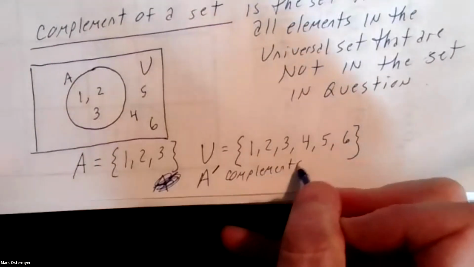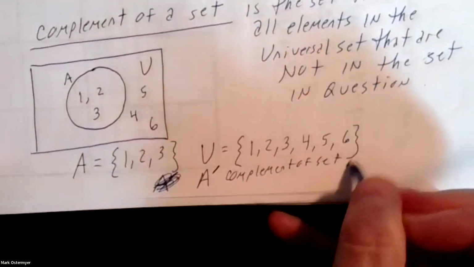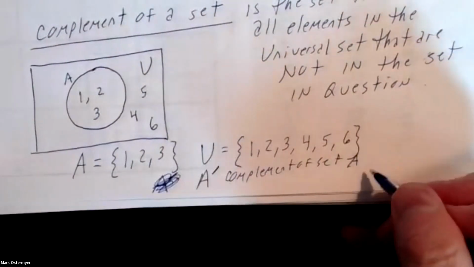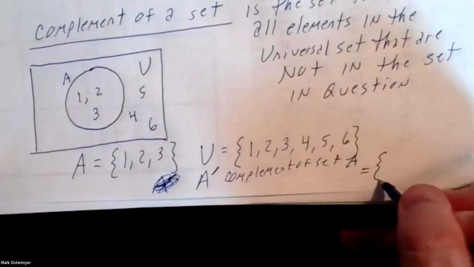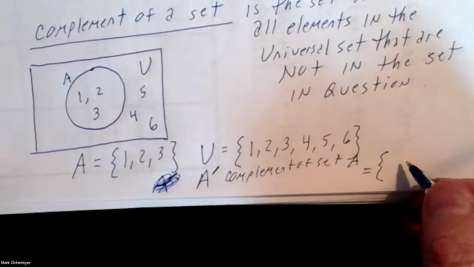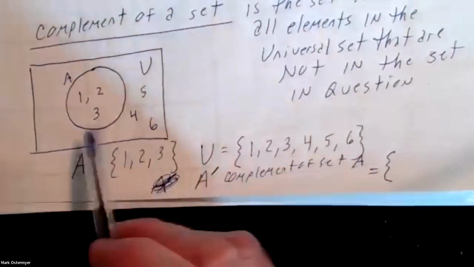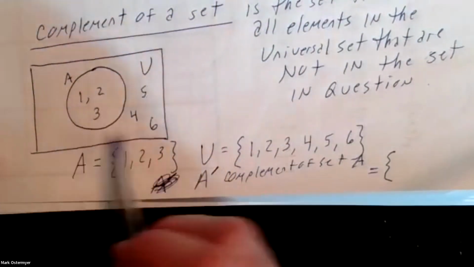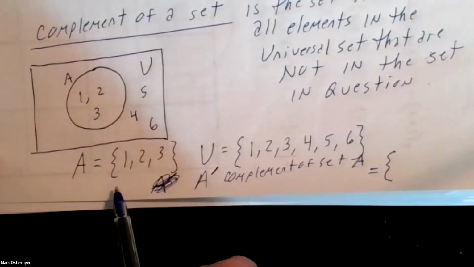The complement of set A is going to be a set consisting of all the elements that are in the universal set that are not in set A. So what are all the elements found in the universal set that are not found in set A?